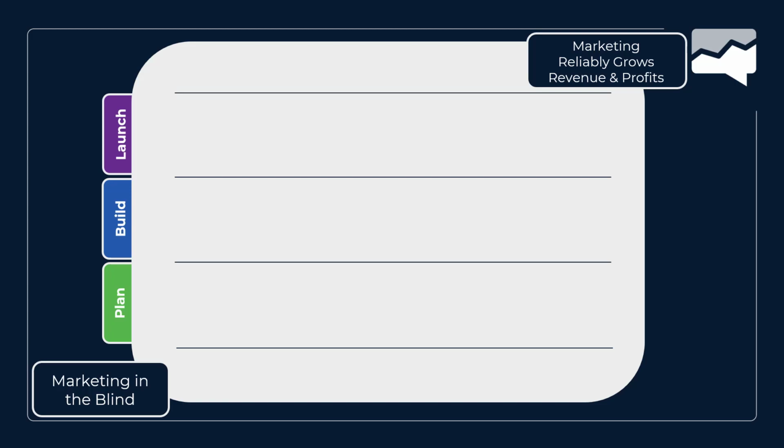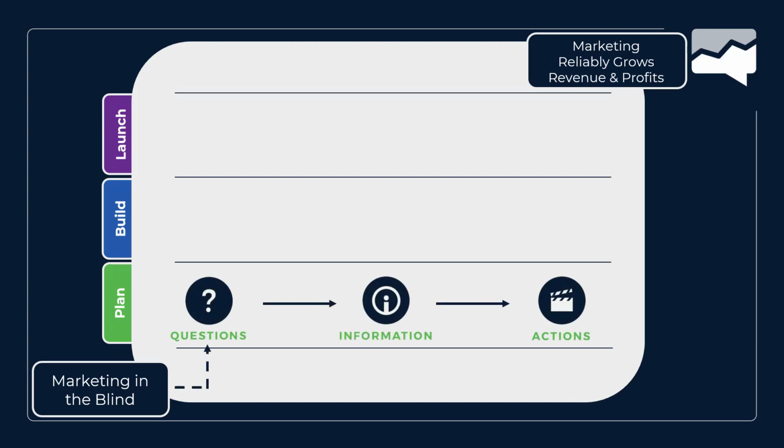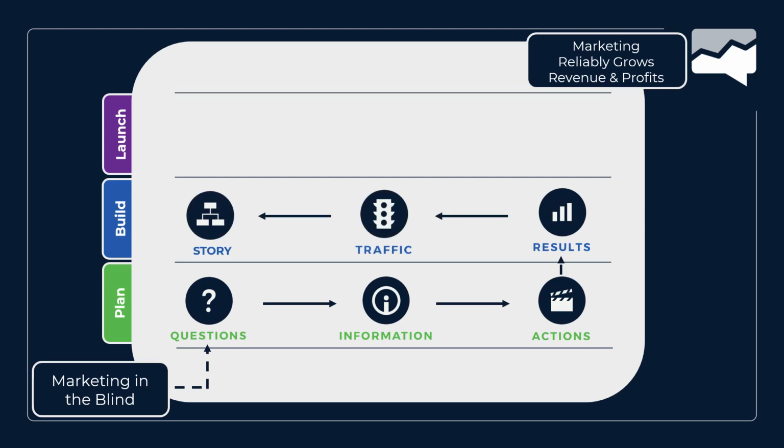In order to do that, you have to go through the steps of the framework. In plan, you go through questions, information, and action: you have to know what questions to ask, the information to gather, and the actions you're going to take with that information. Then in your build step, you go through results, traffic, and story, understanding your results, understanding your traffic, and building your story to gather all of that together.